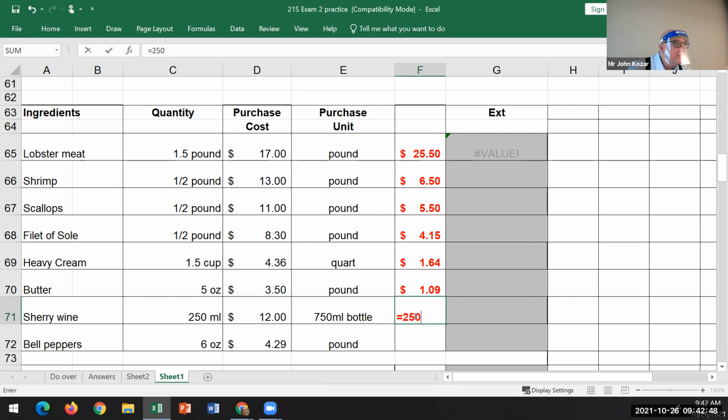You got what? Milliliters are milliliters. So this is what I'm going to do. It's 250. So that's all that it is. It's like 1/3 of the bottle. Right.